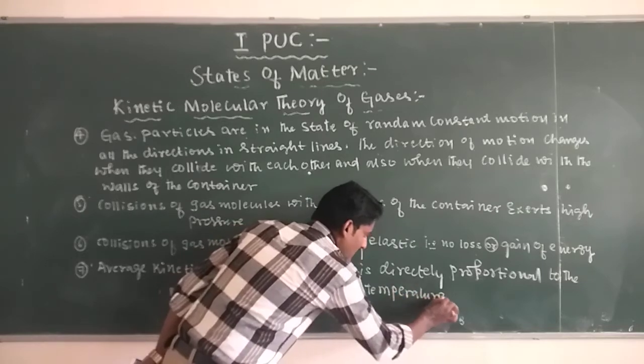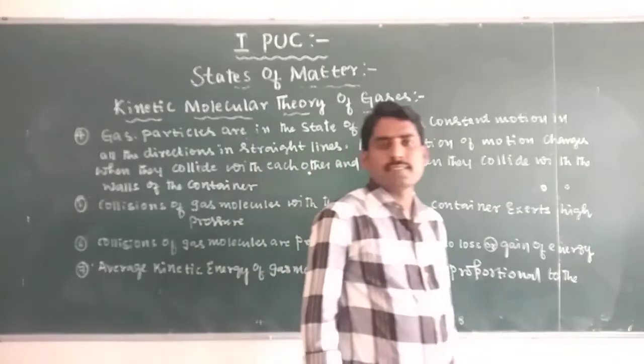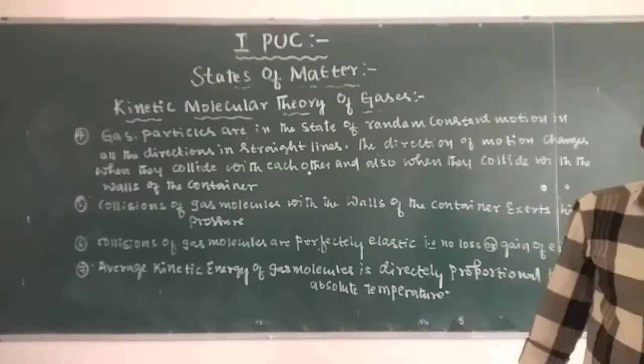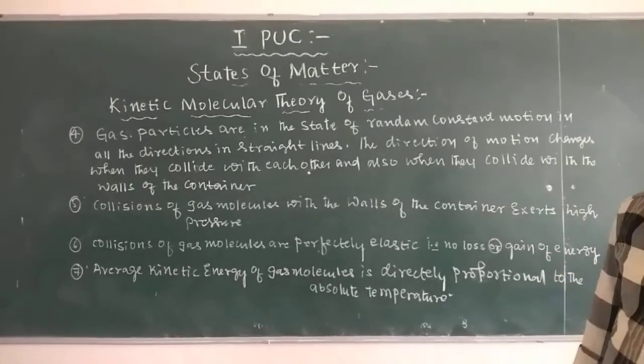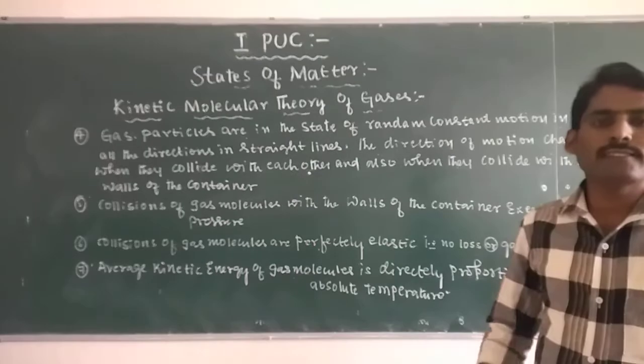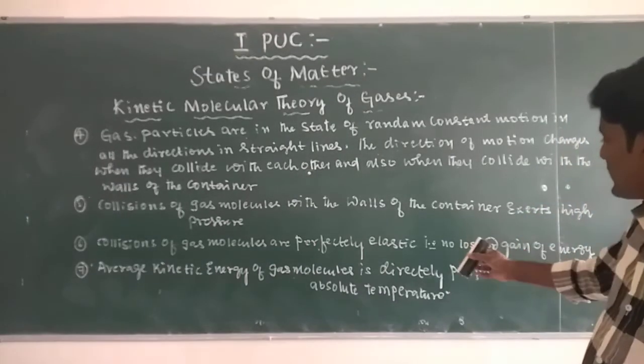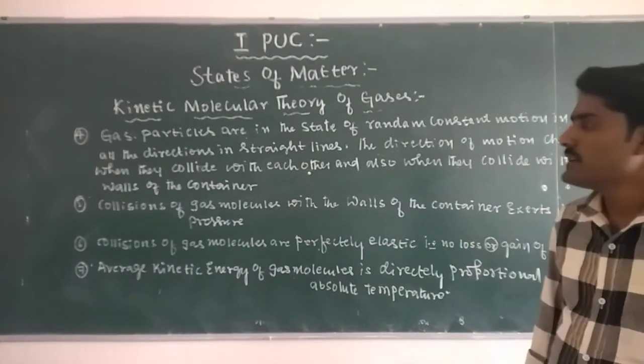So that means when the temperature increases, the kinetic energy of the gas molecules also increases. That is why the kinetic energy of gas molecules is directly proportional to the absolute temperature.